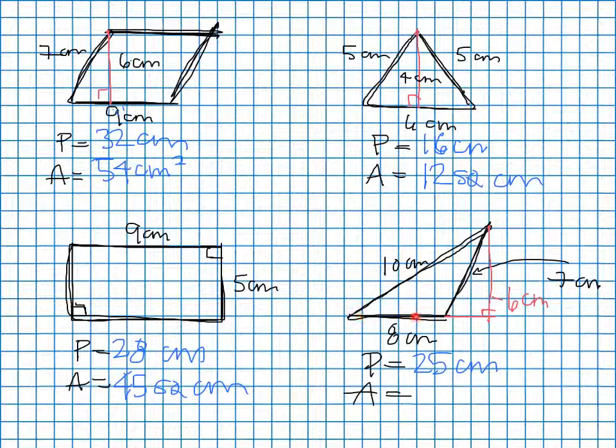Our base is 8. Our height is 6. 8 times 6, I apologize, is 48. Good gracious. Sorry about that. 48, and then when you divide that by 2, we're going to get 24 square centimeters.